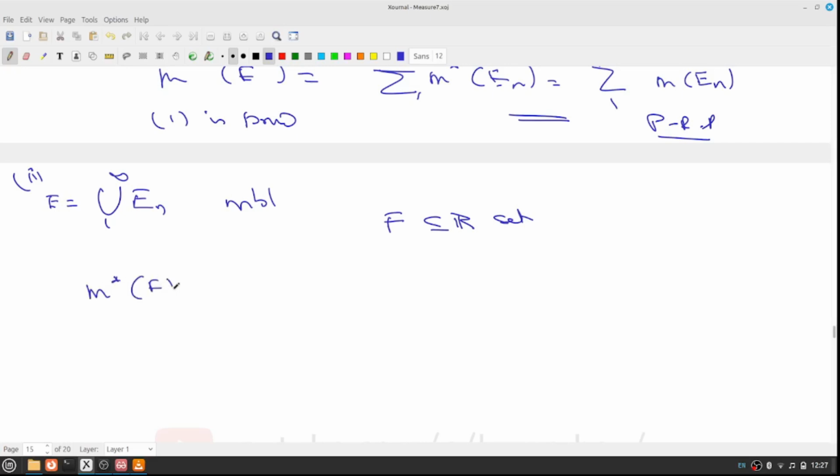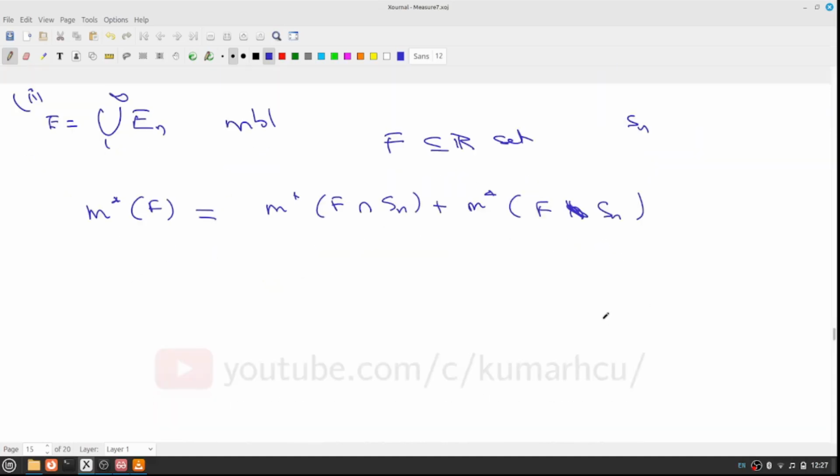Therefore, m star of F, since the Sn are measurable, I know this is equal to m star of F intersection Sn plus m star of F intersection Sn complement, which is the same as F minus Sn. Do you understand this?